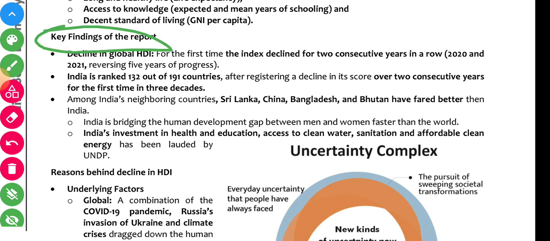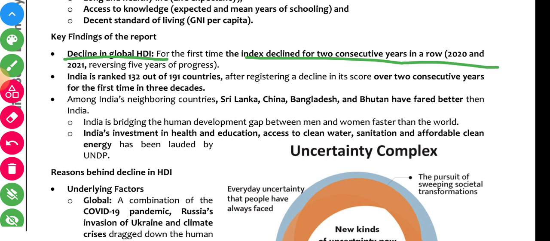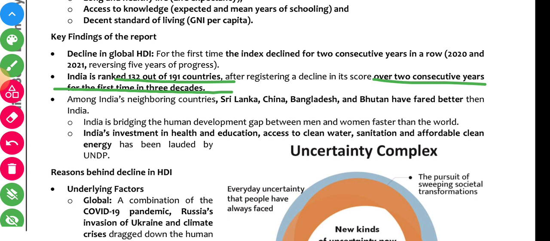What are the findings of the report? Decline in global HDI: the index declined for 2 consecutive years in a row, 2020 and 2021, reversing 5 years of progress. India's rank is 132 out of 191 countries, the worst rank of India in the Human Development Index over 2 consecutive years, for the first time in 3 decades.